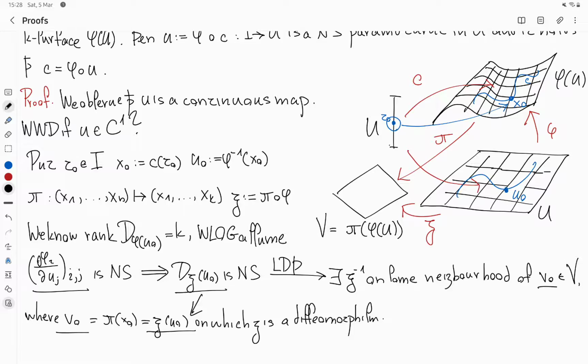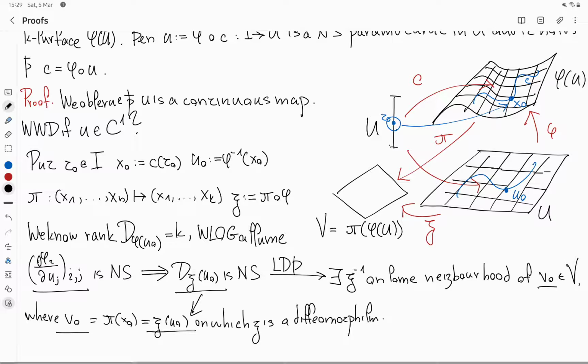This is a needlessly strong notion for our case, but it will do, because since it is a diffeomorphism, it is a two-way differentiable isomorphism.